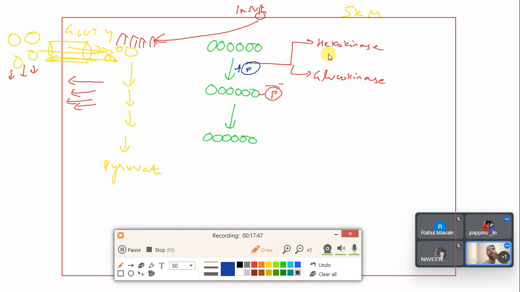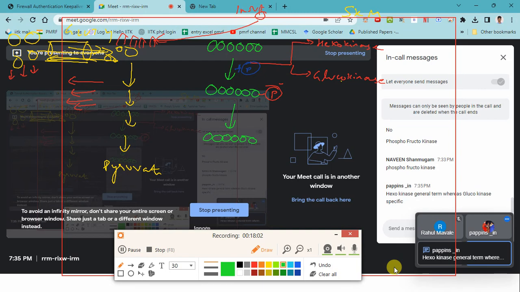Anyone? Hexokinase is a general term, whereas glucokinase is specific.